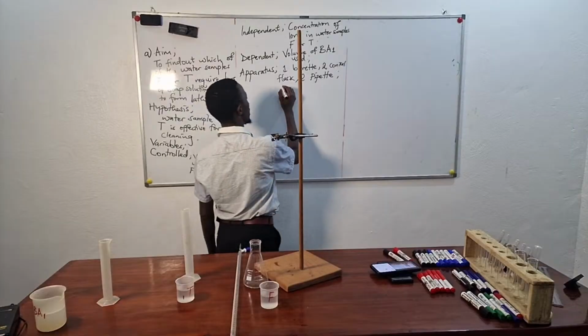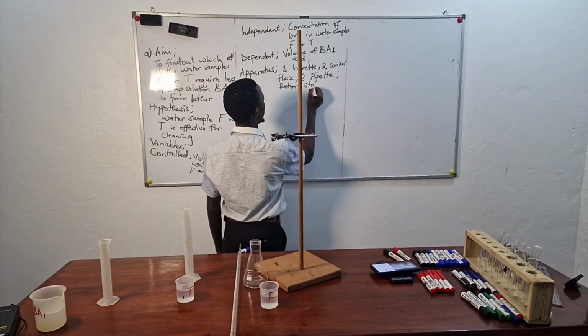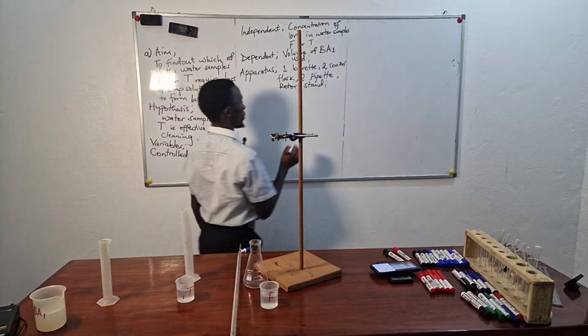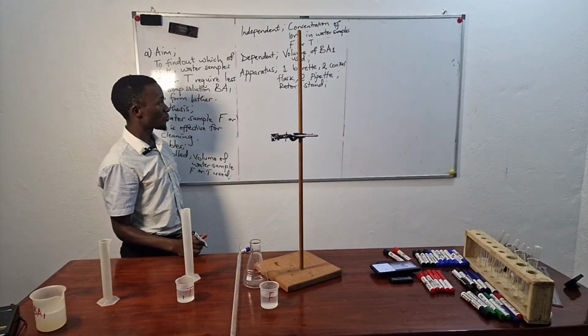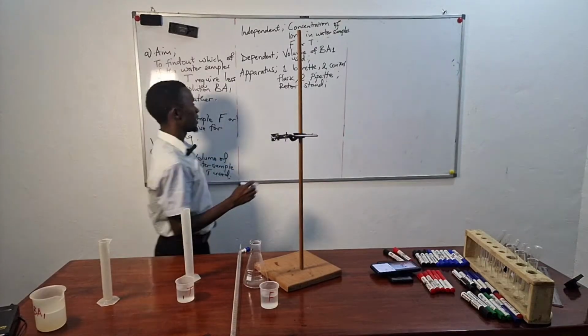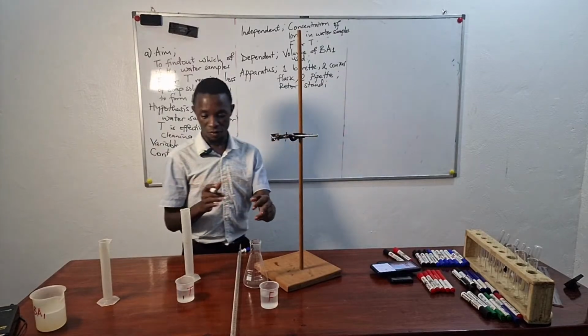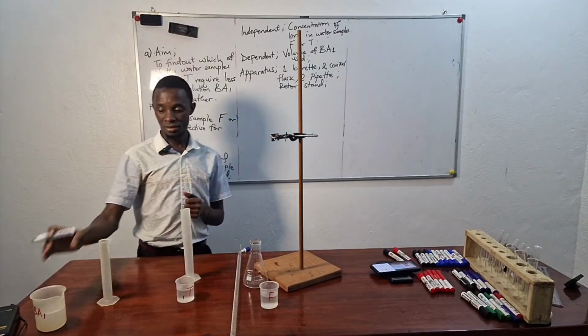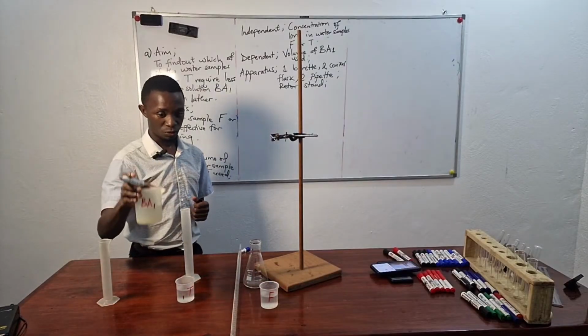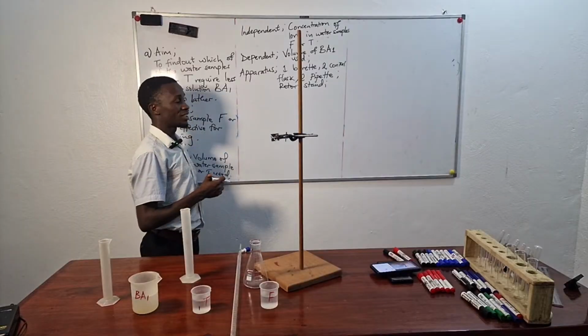I'll also need a retort stand to suspend my burette. And then the materials, we have the water samples, F and T, and then the soap solution, BA1. I think those are the ones.